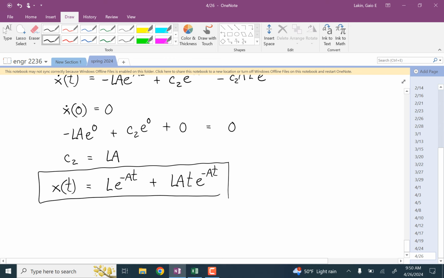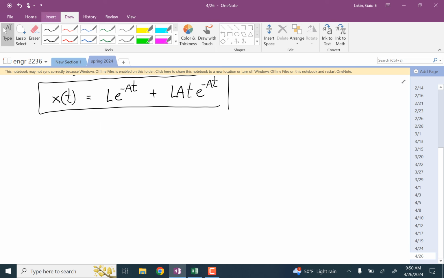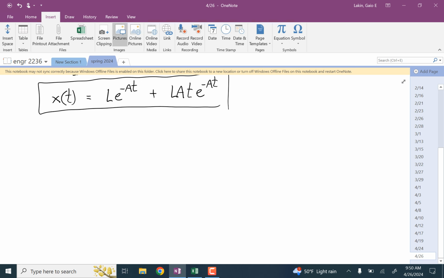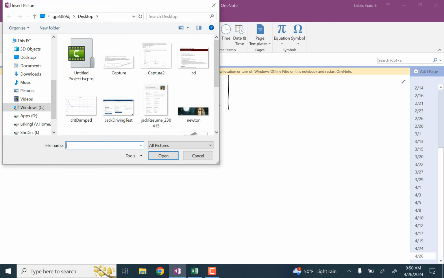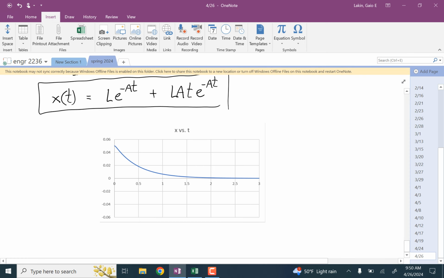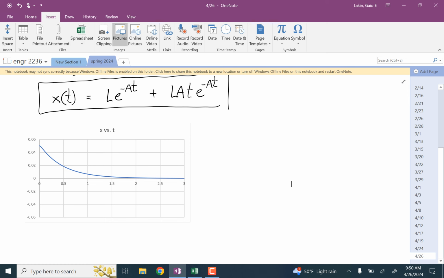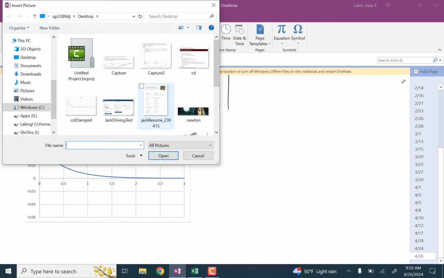And I want to show these two next to each other, because by just looking at one, you can't see too much. So I'm going to put down the overdamped case, and then over here, I'm going to put down the critically damped case.